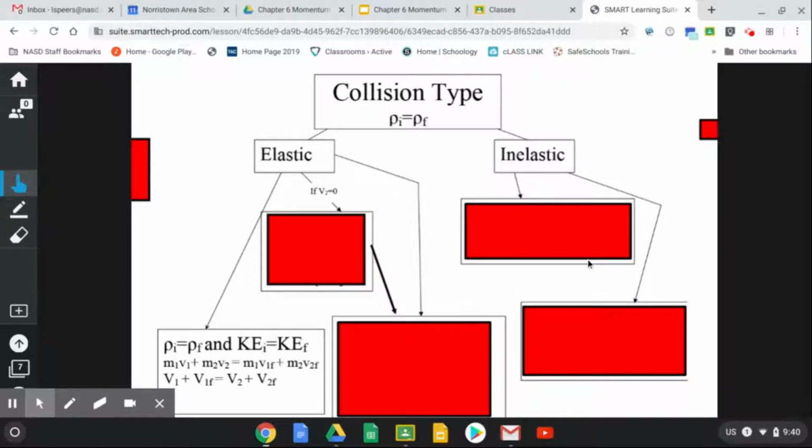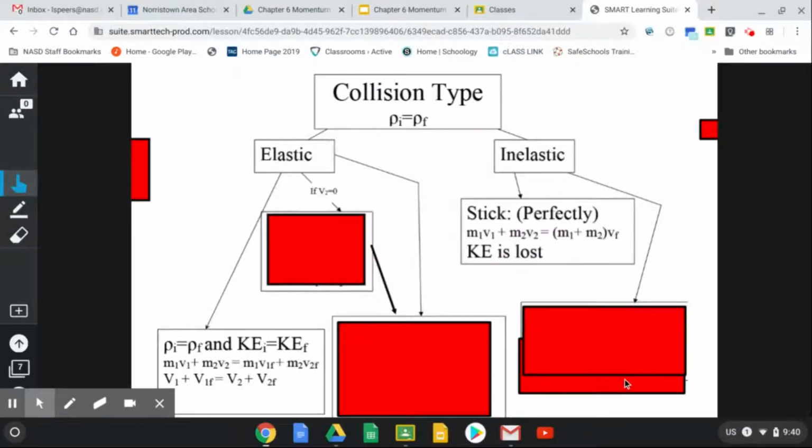All right, let's talk about the two types of inelastic collisions. The first is what's called the perfectly inelastic collision. This is where the two objects collide and they stick together. They move off as one object. You see that a lot in a car crash where the two objects get locked together and move off in the same direction.